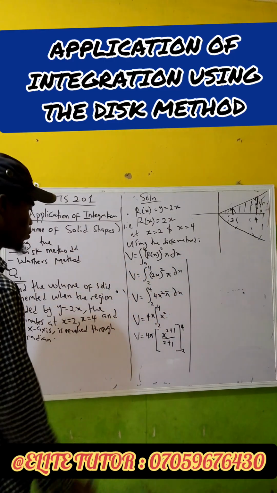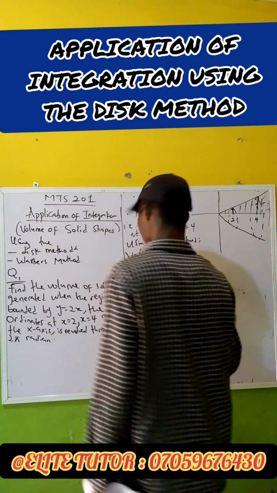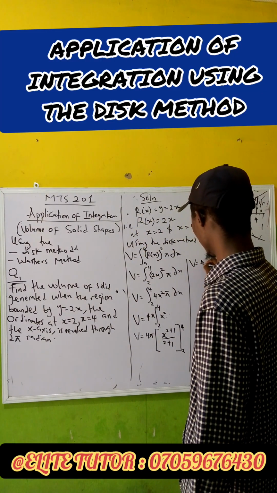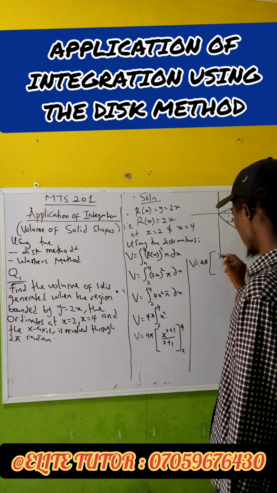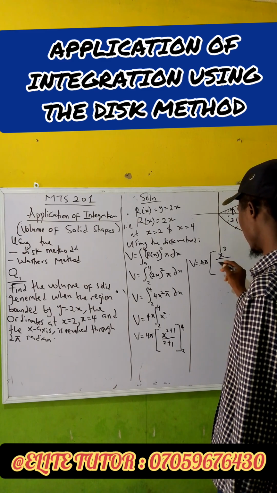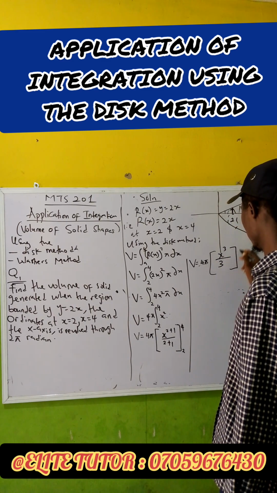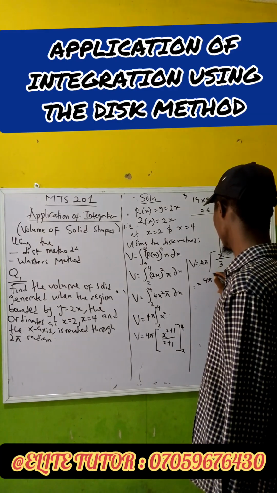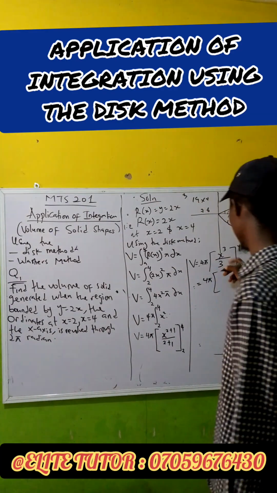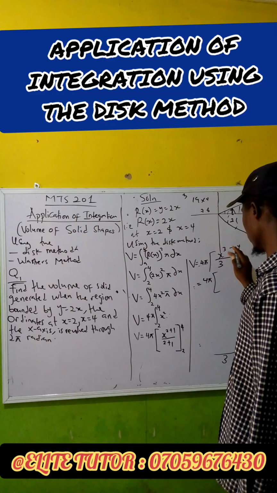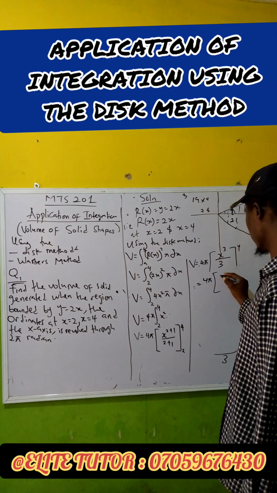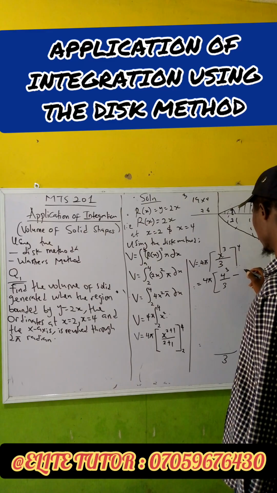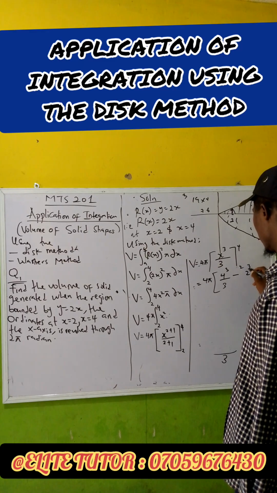So no stress. We now have V equals 4 pi times x cubed over 3, which is 4 pi times 4 raised to power 3 over 3 minus 2 raised to power 3 over 3.